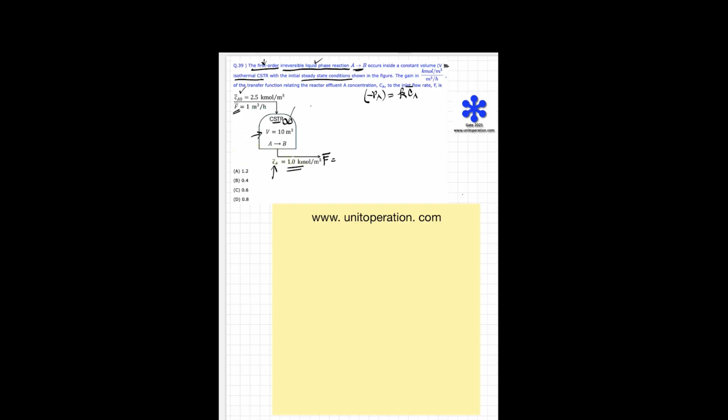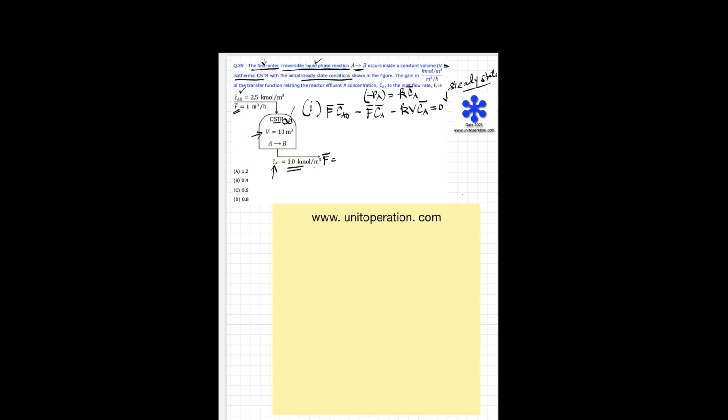In the first section, if you write down the mass balance equation for the component A, that's going to be equal to F̄ C̄_A0 minus F̄ C̄_A going out, minus k V C̄_A, and that's going to be equal to 0, because this is a steady state.